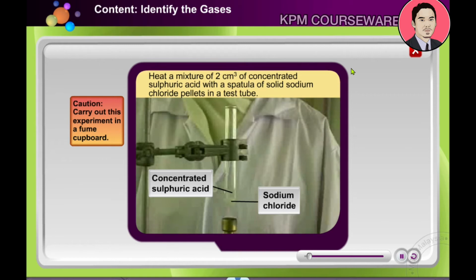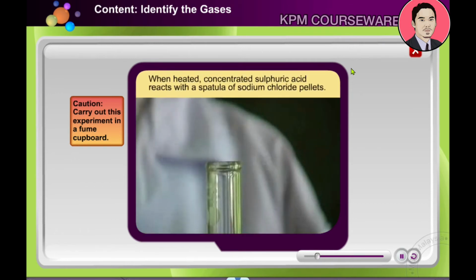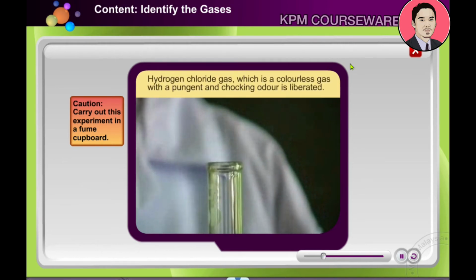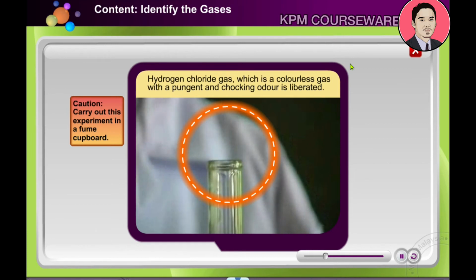Heat a mixture of 2 cubic centimeters of concentrated sulfuric acid with a spatula of sodium chloride pellets in a test tube. When heated, concentrated sulfuric acid reacts with the sodium chloride pellets. Hydrogen chloride gas, which is a colorless gas with a pungent and choking odor, is liberated.